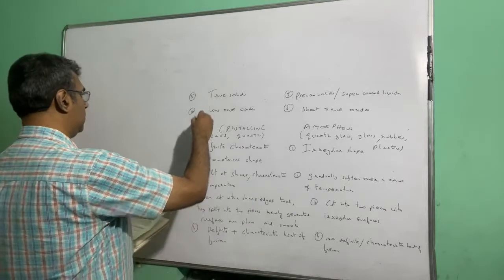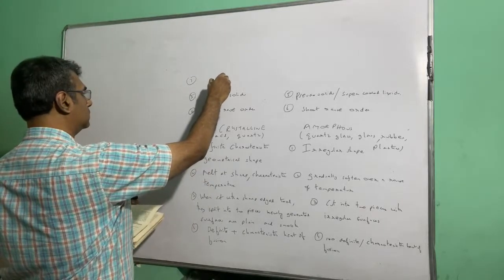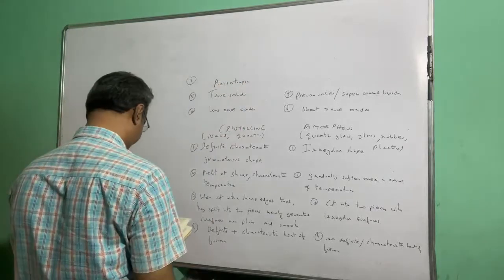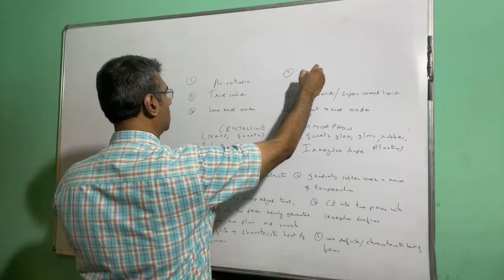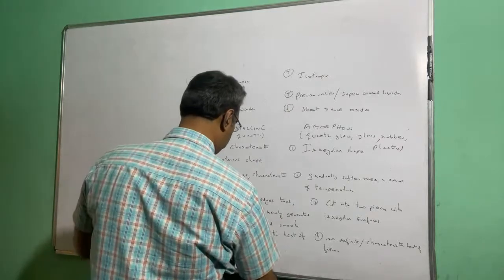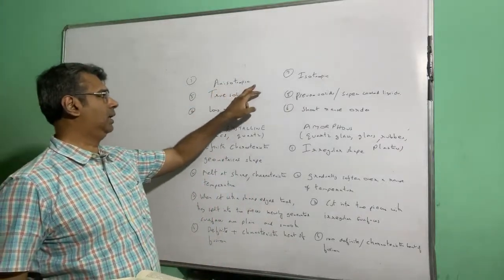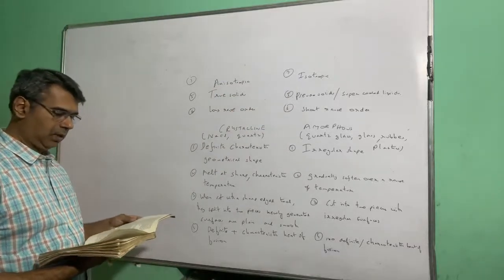Okay, now there is another property, number 7. If you are talking about crystalline, they have a property called anisotropic, and if you have amorphous, then it is called isotropic.